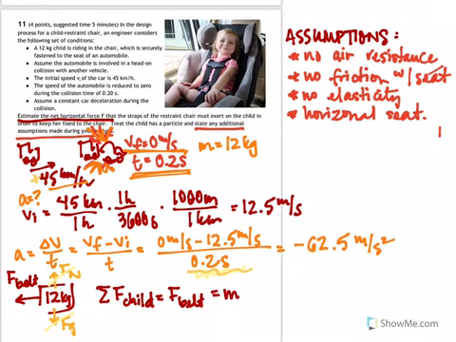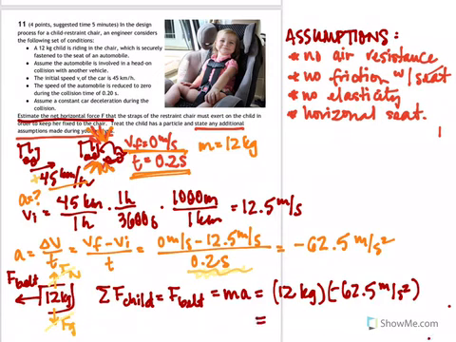So it's going to be equal to her mass times her acceleration, which is 12 kilograms times the acceleration we found above, negative 62.5 meters per second squared. When I plug in my calculator, I get 750 newtons is the force that's acting on her.